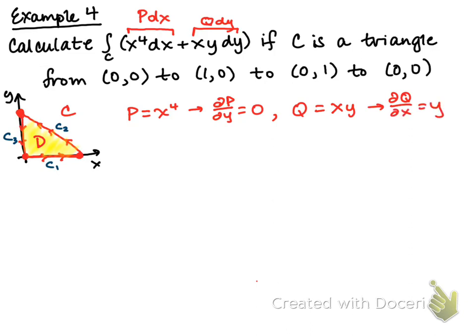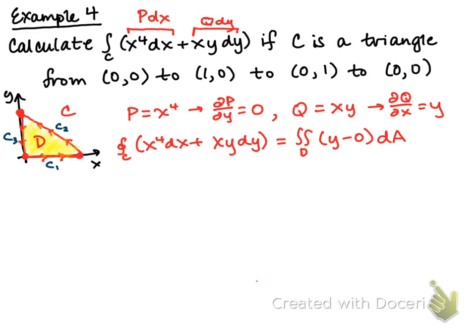All right, so we have our line integral over C, positive orientation, of x to the 4th dx plus xy dy is going to equal the double integral over D of y minus 0 dA.